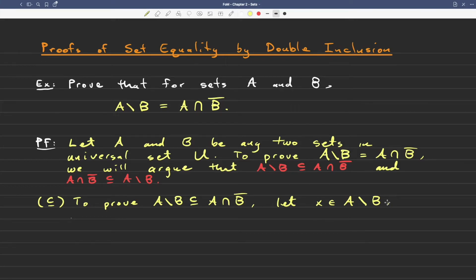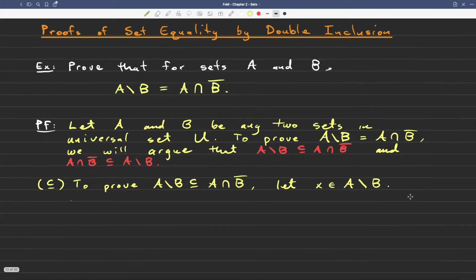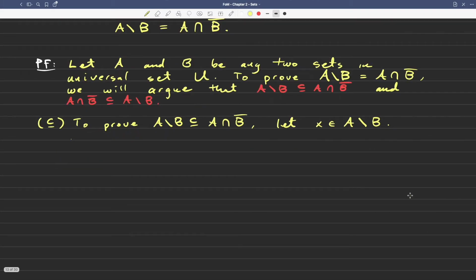And now we're going to chase that element X until we arrive that it is in A intersected with B complement. So sometimes it's helpful to sort of think in reverse a little bit. So we want to arrive eventually at X as an element of A intersected with B complement. But what would be the previous step before that? How would I know that X is in A intersect B complement?